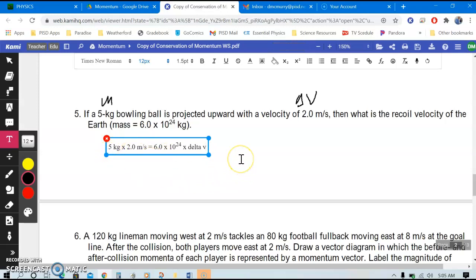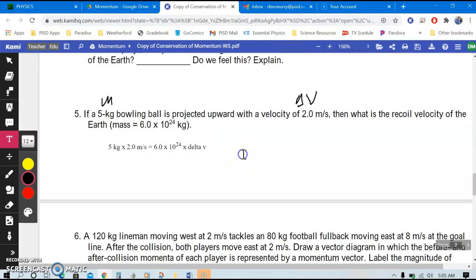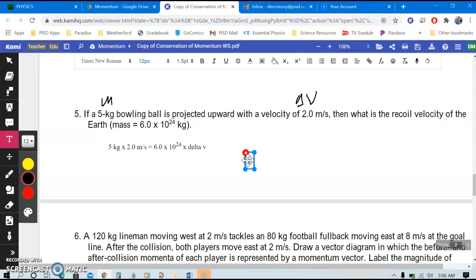So we get 5 times 2 is 10, divided by that, and you end up with an answer of 1.7, at least after you round those digits, times 10 to the negative, because we divided by 10 to the 24th, so we end up getting 10 to the negative 24th.